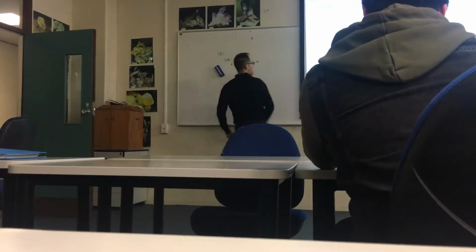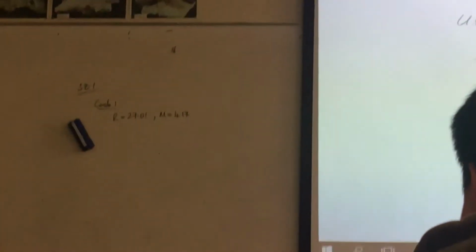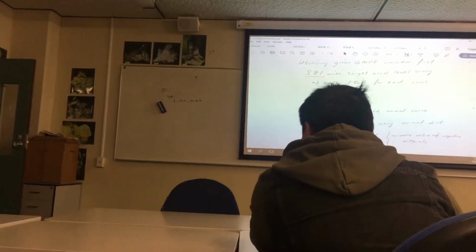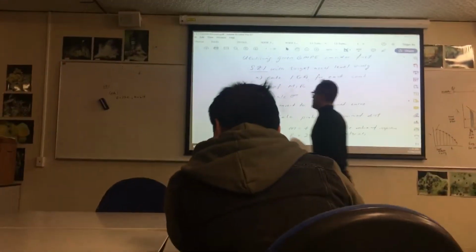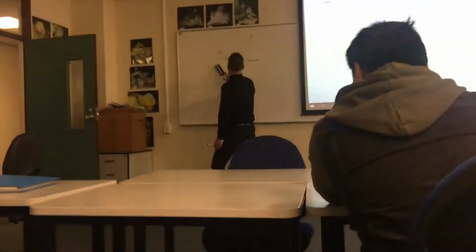What we need to do for each combination, so that's combination 1, is first calculate the peak ground acceleration. So we use our Gutenberg-Richter relationship.